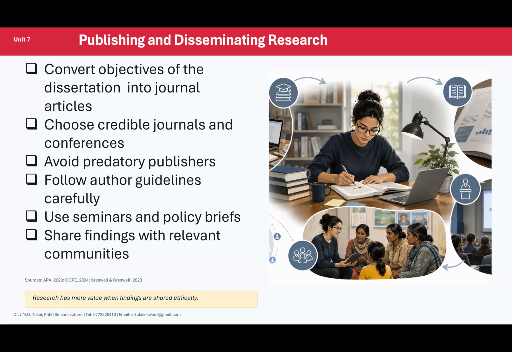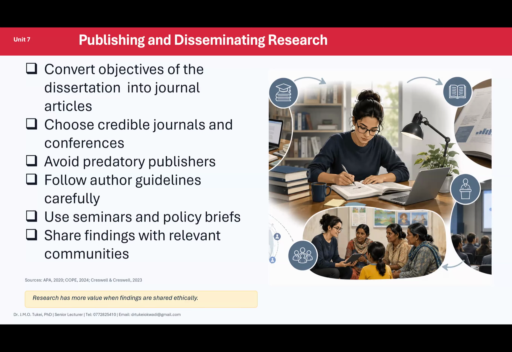A dissertation on maternal referral delays may produce an academic article, a 2-page policy brief for health managers, and a feedback session for participating facilities. Now the question here is, who needs your findings and what format would be most useful to each audience? It's key and very important.